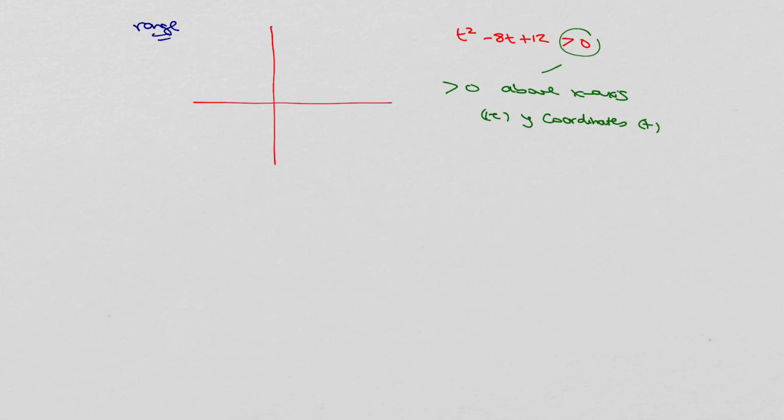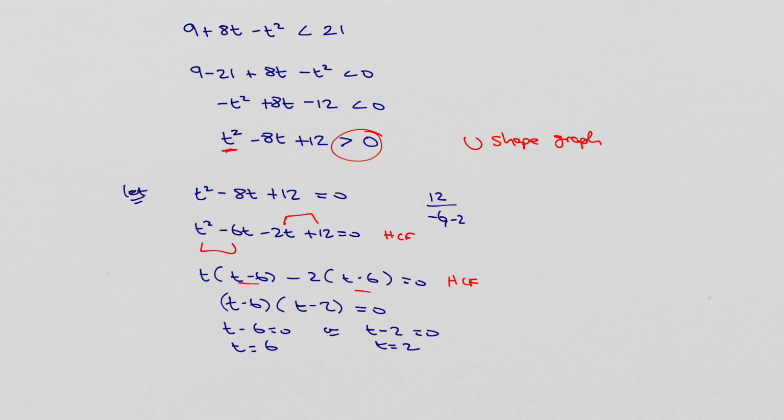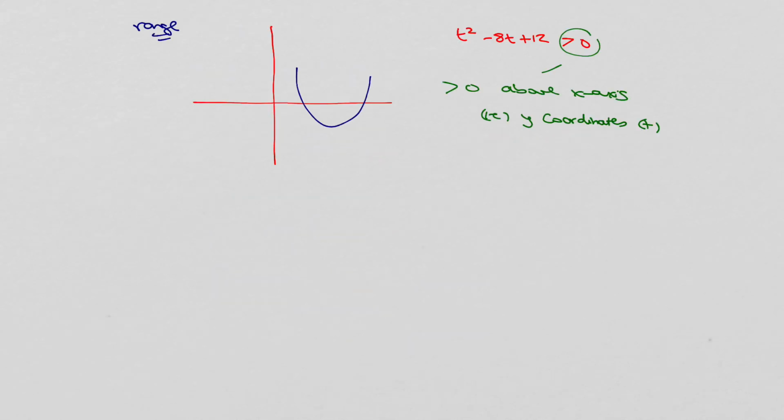Positive. So our two values there were 6 and 2. Greater than, so I can't fill in those circles. Must be empty circles. Above the x-axis, well, that implies that I'm going to the left of 2 to get positive answers, and I'm going to the right of 6 to get positive answers.